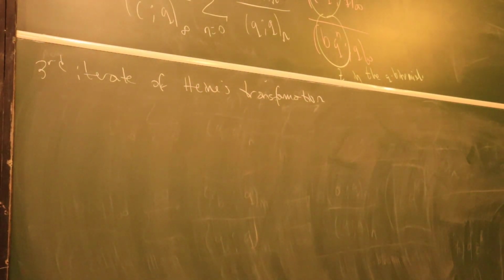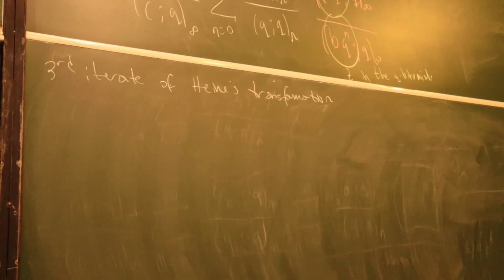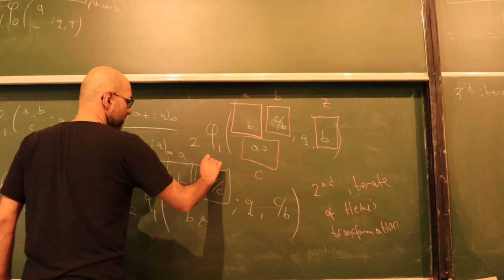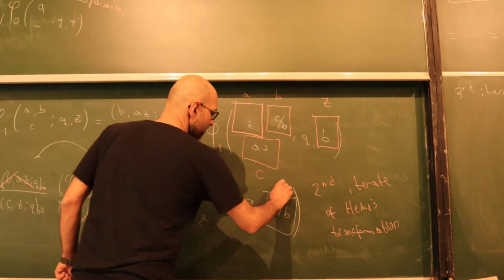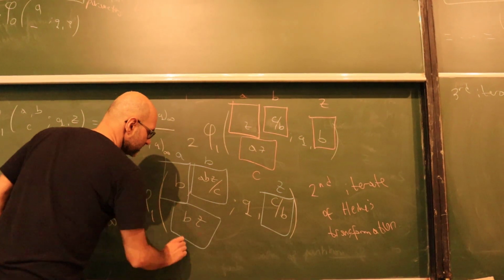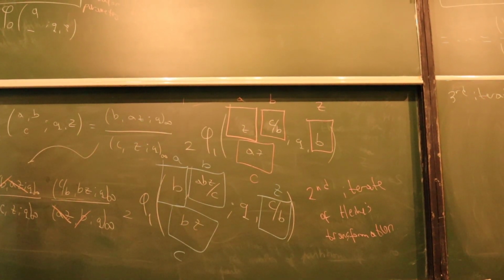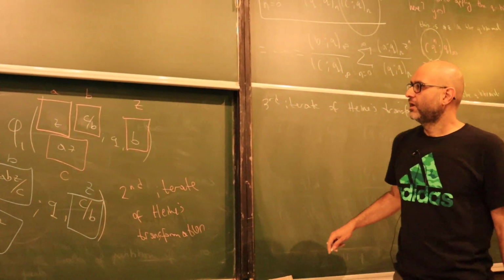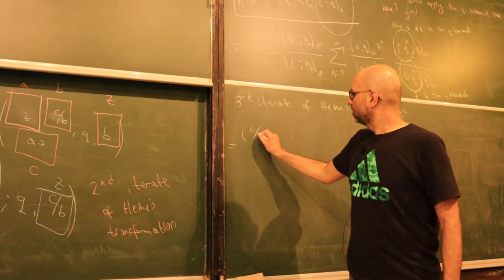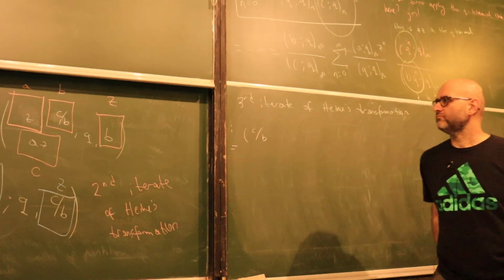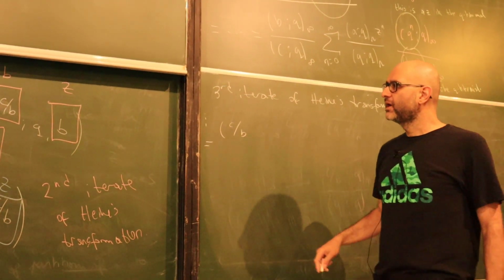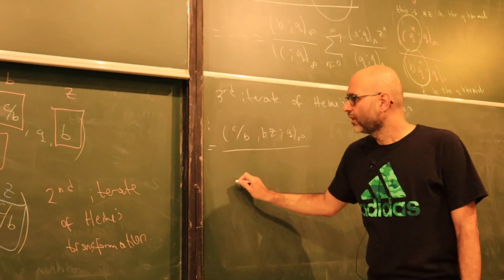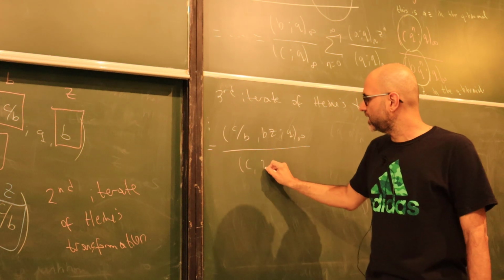So this time, let me choose yet another color. This is going to play A, this is going to play B, this is going to be z, and this is going to be C. So don't forget where it comes from. C divided by B and B times z, q sub infinity over another two infinite products.